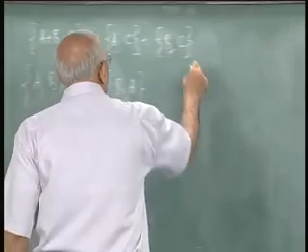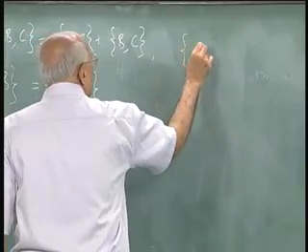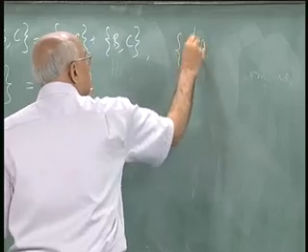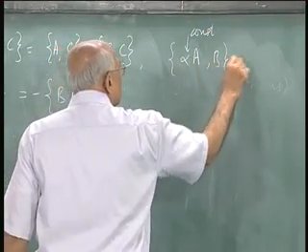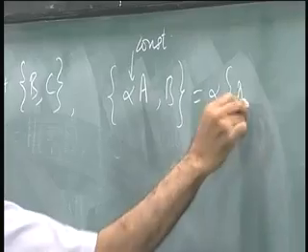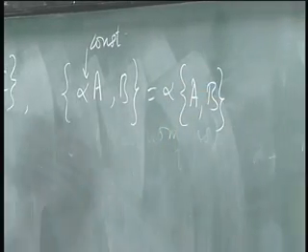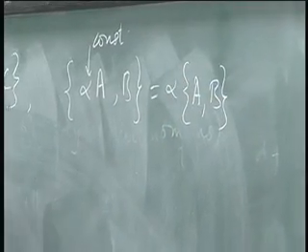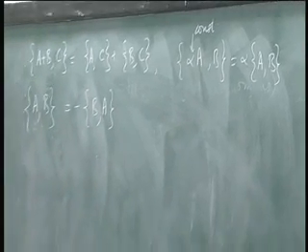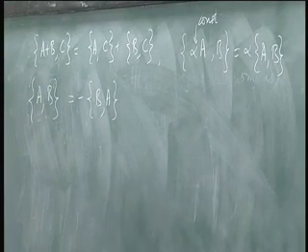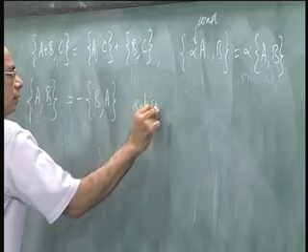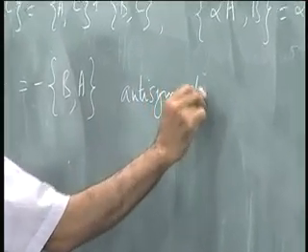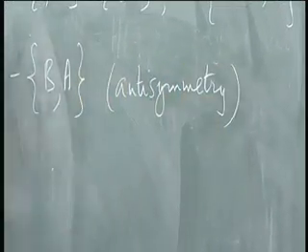And similarly, if you took A and multiplied it by some constant alpha, with B, this becomes alpha times the bracket of A with B. So multiplication by a constant does not do anything, it just comes out of the partial derivatives. So this property here, this antisymmetry, is a crucial property of the Poisson bracket.